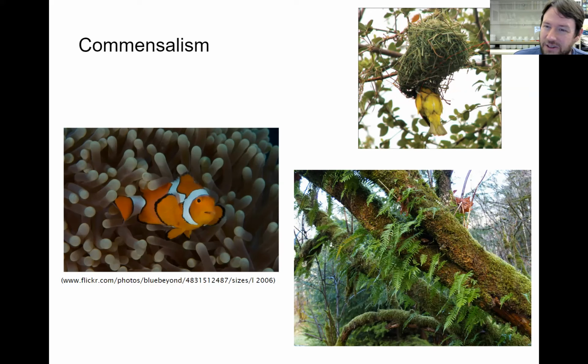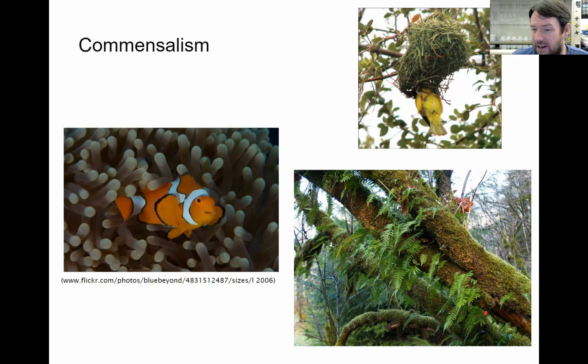So the tree isn't really helped nor harmed, or maybe the amount of branch breaking that happens because of nests that are too large, maybe that's compensated for by the birds leaving some fertilizer right at the roots of that tree. So, there might be some trade-offs like that, but overall, there's no net gain or harm to the tree.